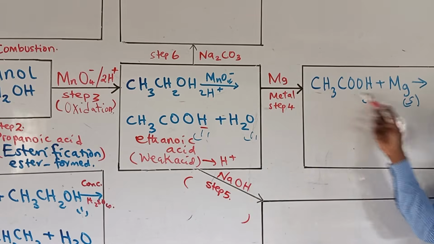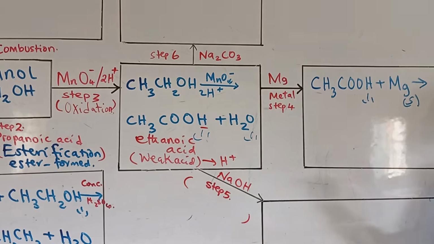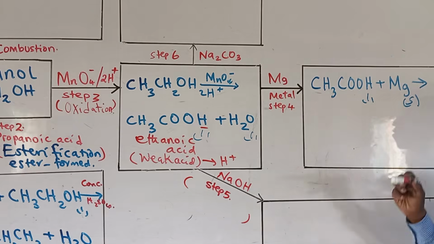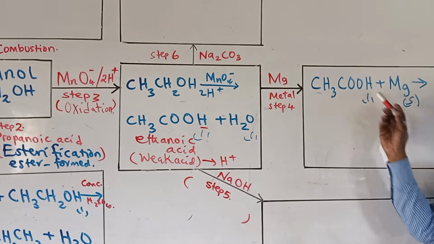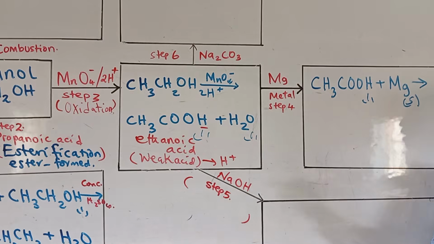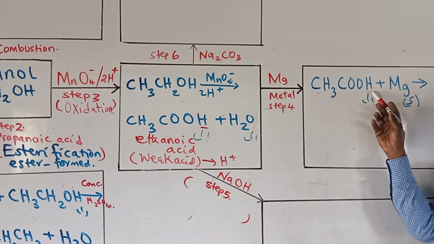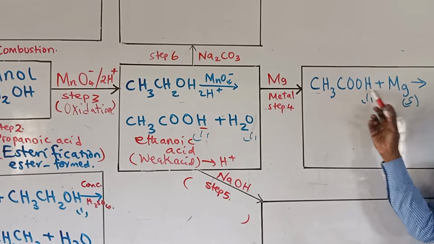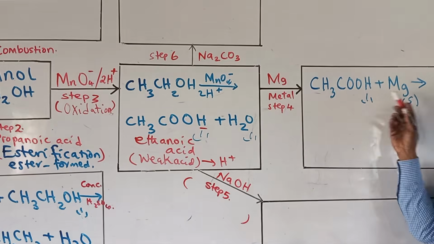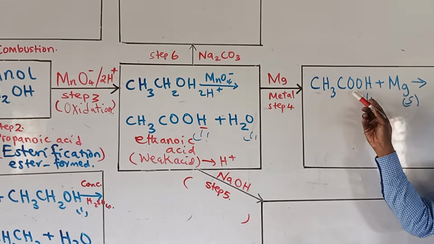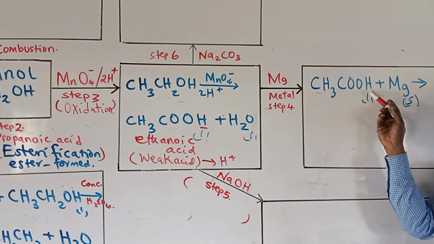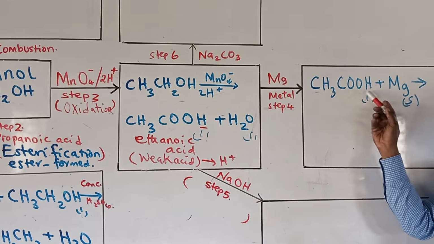This kind of reaction is governed by the position of magnesium and hydrogen in the reactivity series, whereby magnesium is more reactive than hydrogen. So magnesium is going to displace hydrogen from the alkanoic acid here, that is from ethanoic acid.